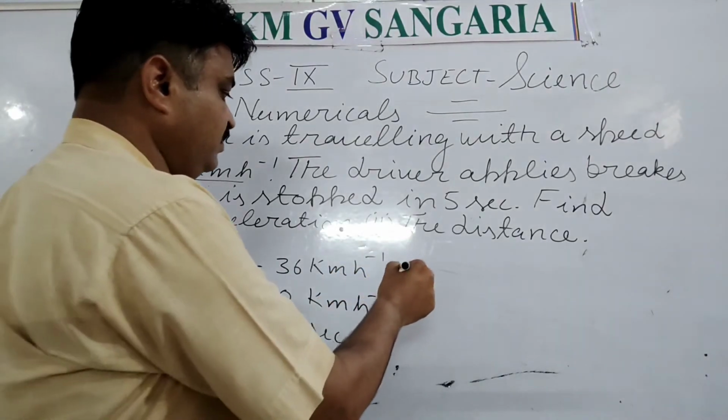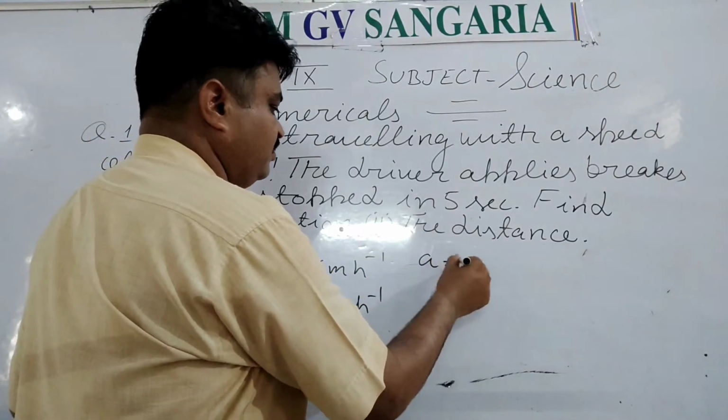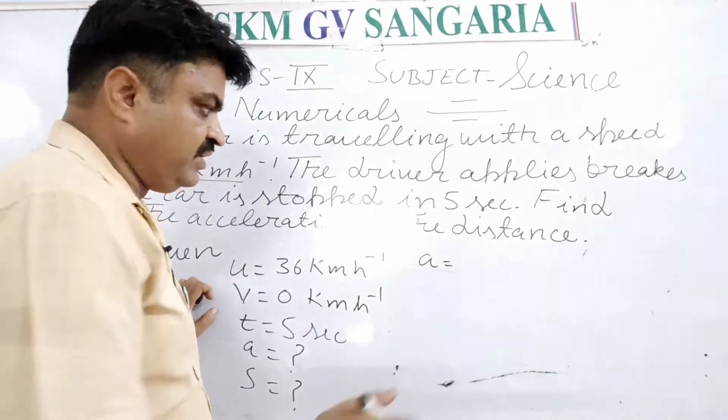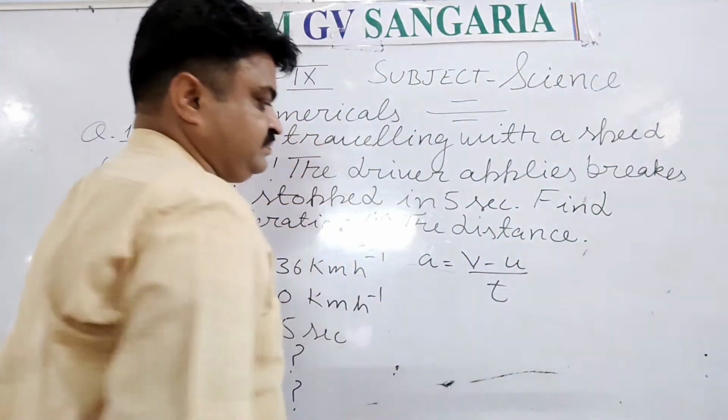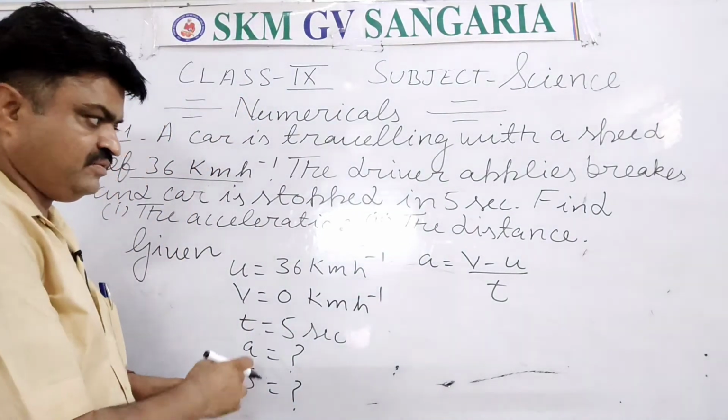Now we will write the formula of acceleration. It is a = (v - u) / t. Now you put all these quantities in this.